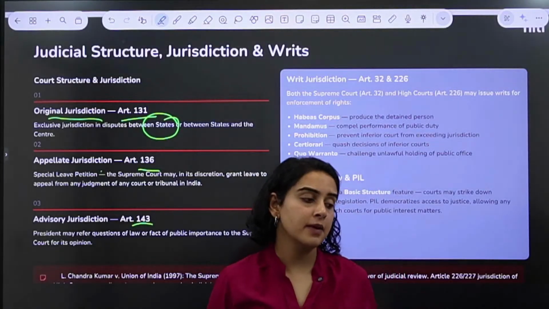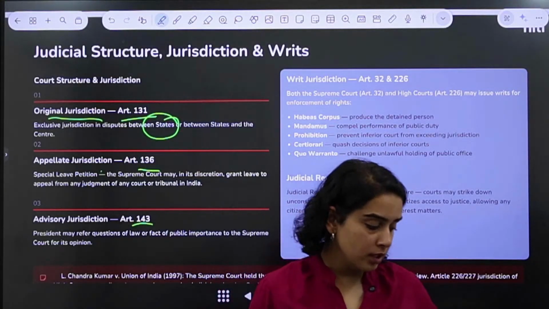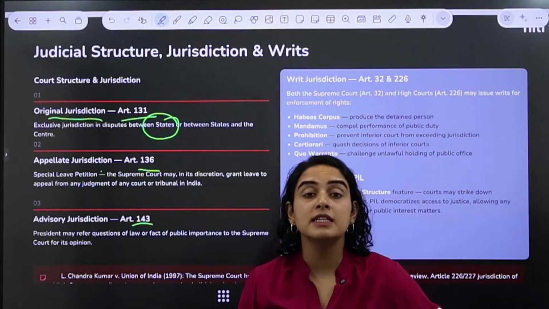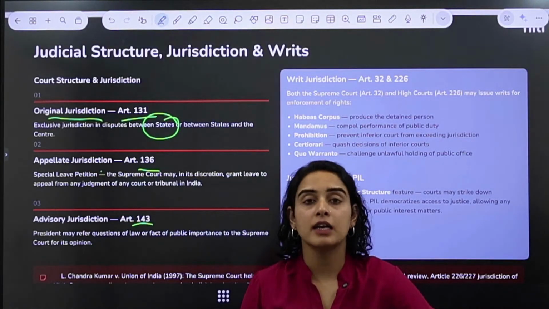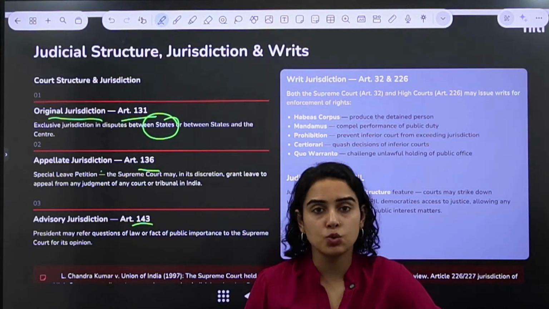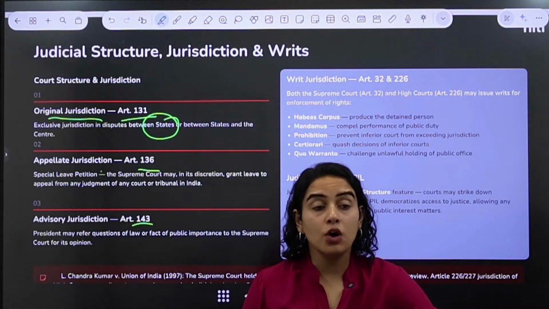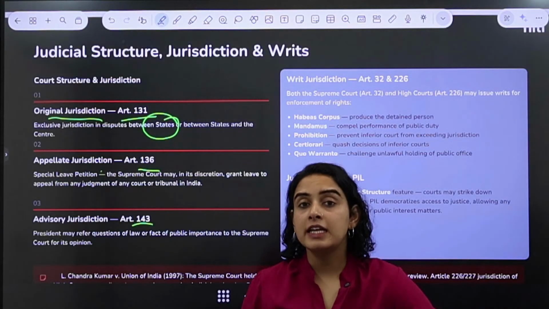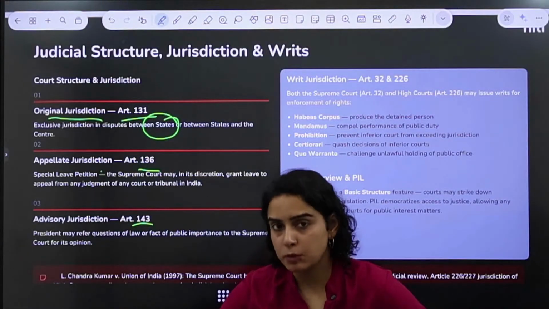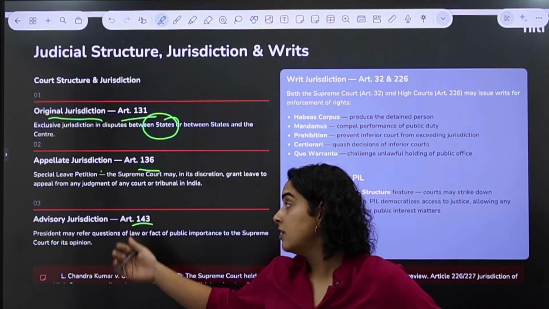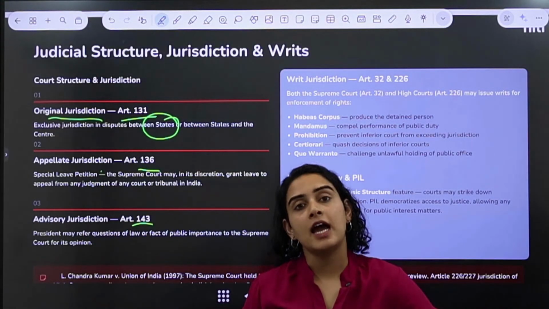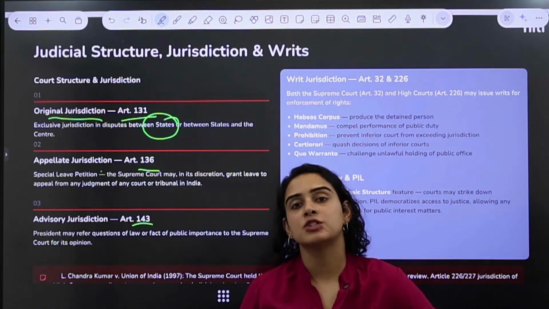Now let's say the president has to discuss something. The president needs some legal advice regarding any laws, any rules, and for that legal advice, they can approach the Supreme Court under Article 143, right? And the Supreme Court has to give advice to the president.